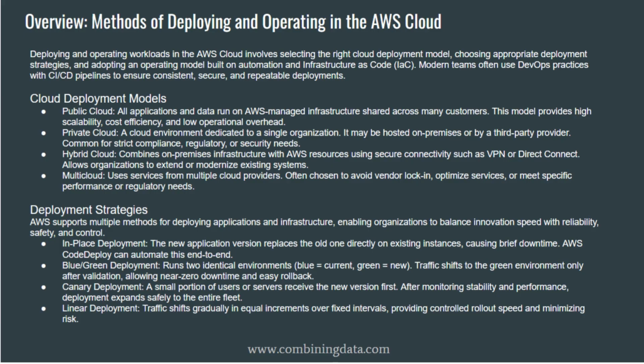1. Public cloud. In the public cloud model, all applications and data run on AWS managed infrastructure, shared securely with other customers. Key characteristics: highly scalable and elastic, pay-as-you-go pricing, no responsibility for physical hardware, fast to deploy and innovate.